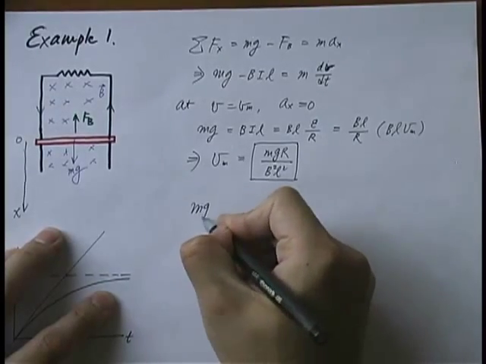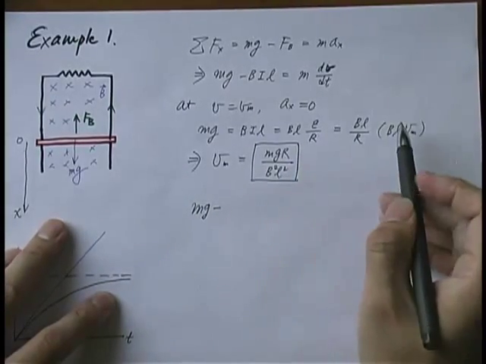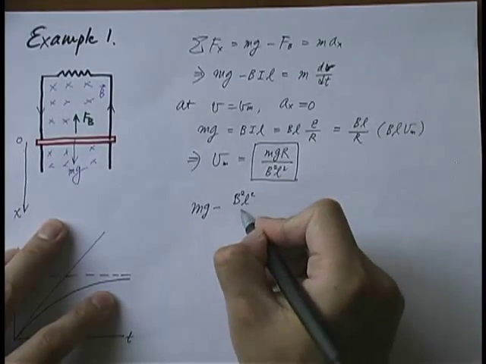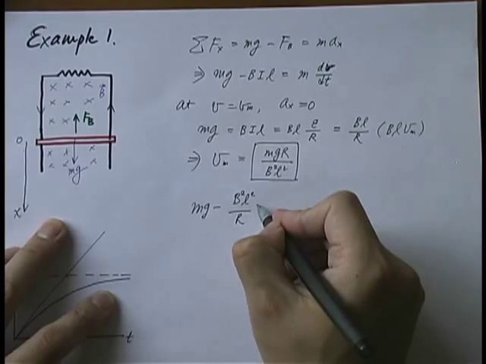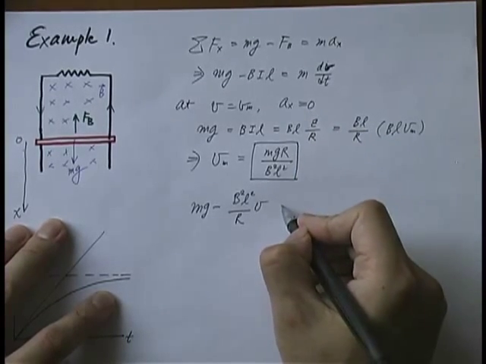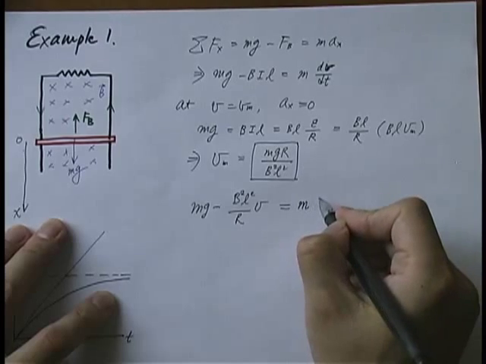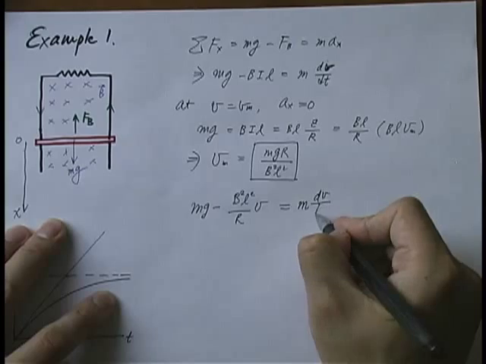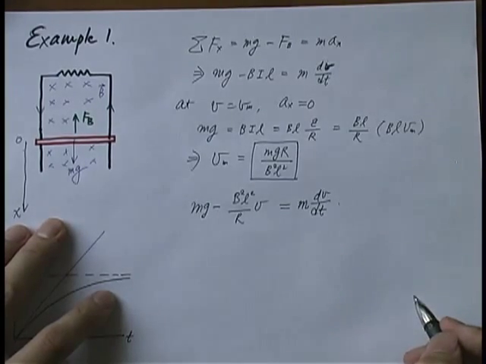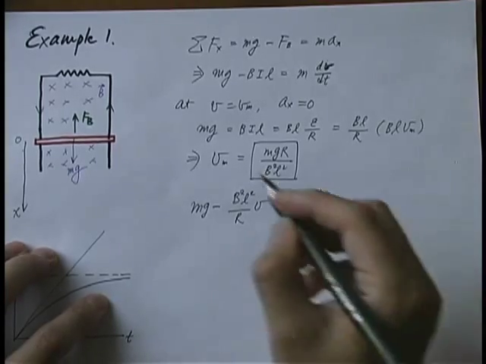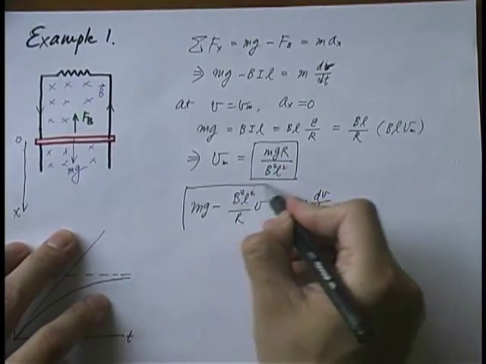This is mg minus B squared L squared over R times V, not V maximum, because it doesn't have to be maximum until t equals infinity. The other side, I can either write m times the second derivative of x with respect to time, or I can write dv over dt. Either way is fine. So this is the differential equation that I need to solve.